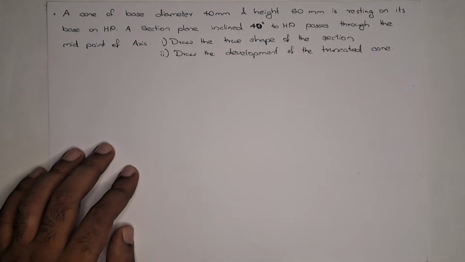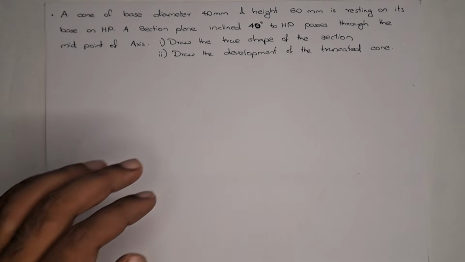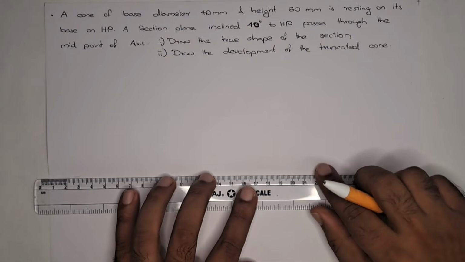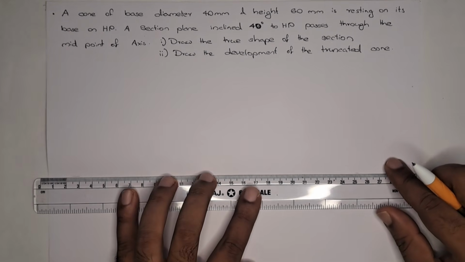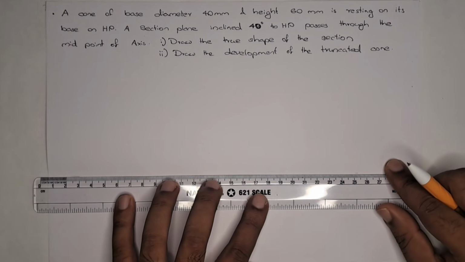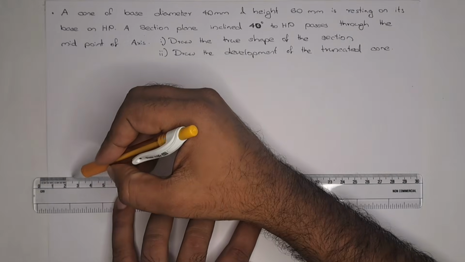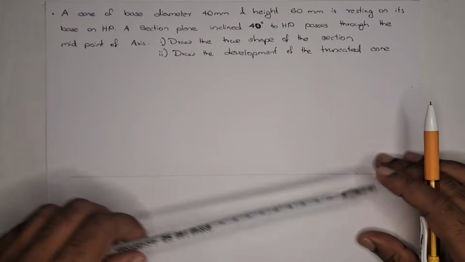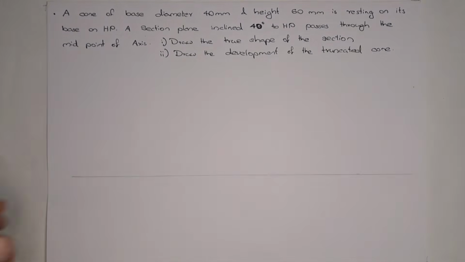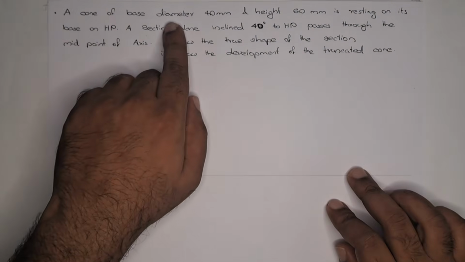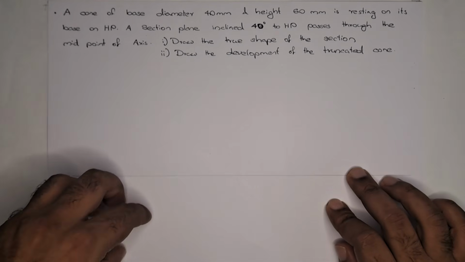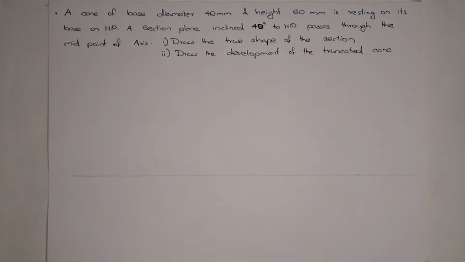At first, we have to draw the XY line. Here we can draw the XY line. Then we can draw the circle of base diameter 40 on the top view because it's resting on its base on HP.